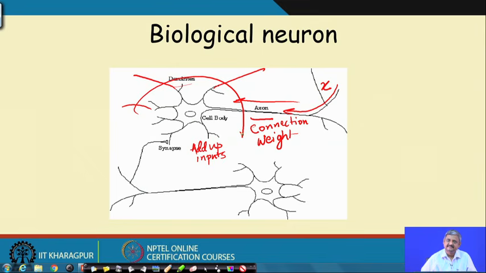That means, if it exceeds a certain value, it will fire. So, it will have a threshold, and if the sum of the inputs exceeds that, it will fire. What is meant by fire? That means it will send another signal to the next level of neuron, which will again travel like this.